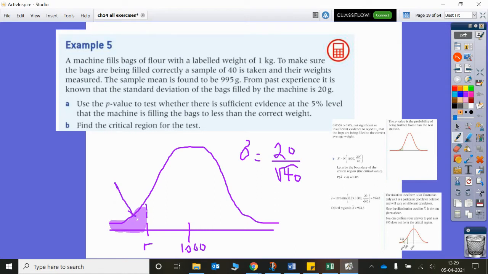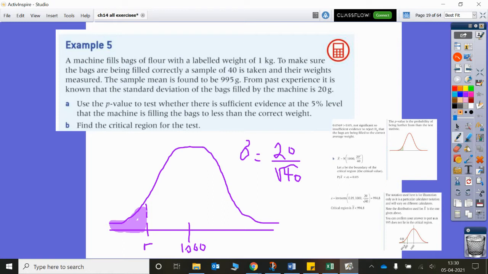But in this case, we want up to 5%, so it's cumulative probability, but we're going to do the inverse probability, which always gives us the probability before that value. Okay, so in this case, we want 5% there, so an area of 0.05. Mu is equal to 1,000, and again, the standard deviation here is going to be equal to 20 divided by the square root of 40.